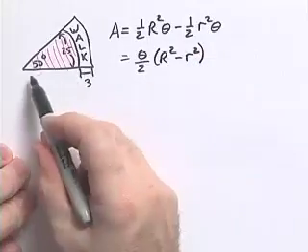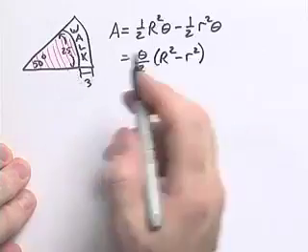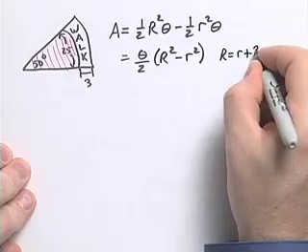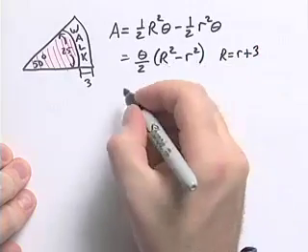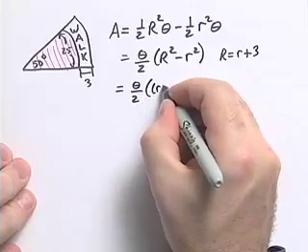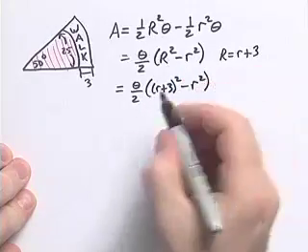We see that the radius of the large sector will be 3 feet longer than the small radius. That is, capital R is equal to little r plus 3. We can substitute that into our equation. We'll get theta over 2 times little r plus 3 squared minus r squared.